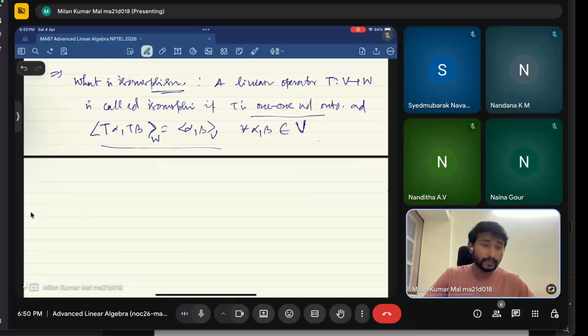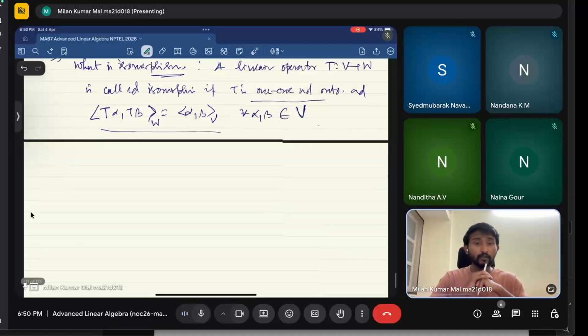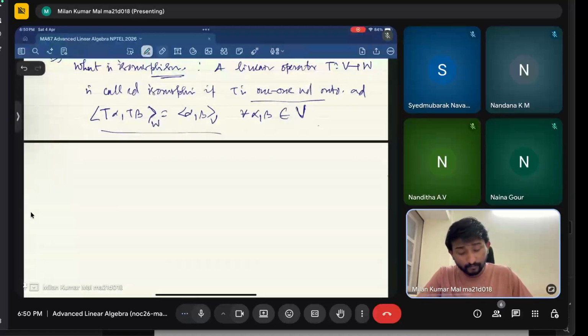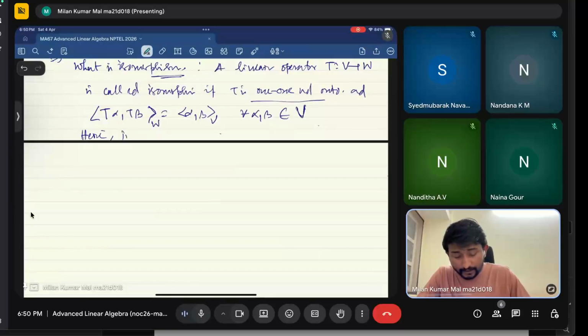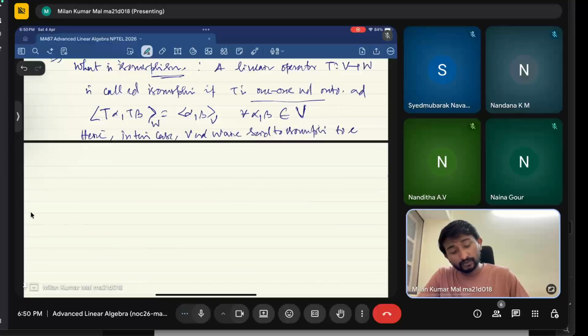T is an isomorphism if this happens. In that case, V and W are said to be isomorphic to each other.